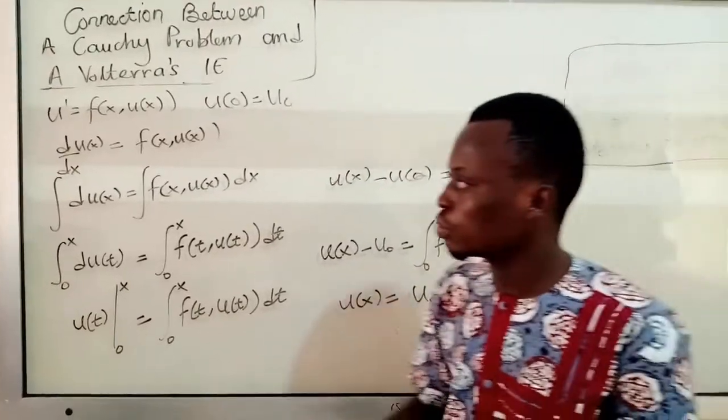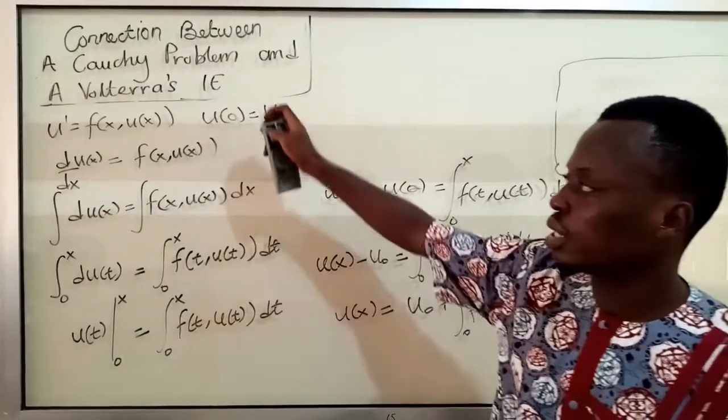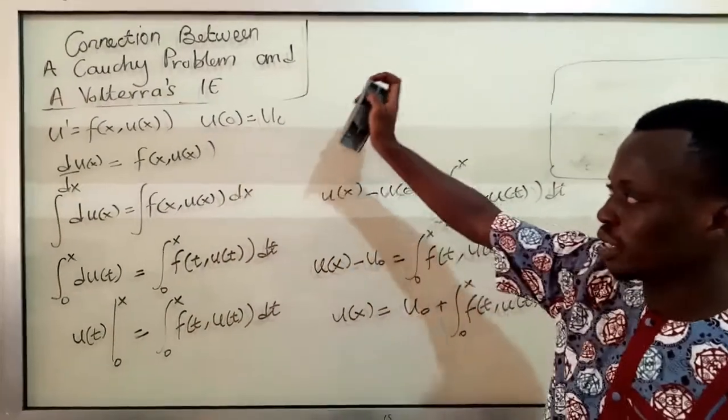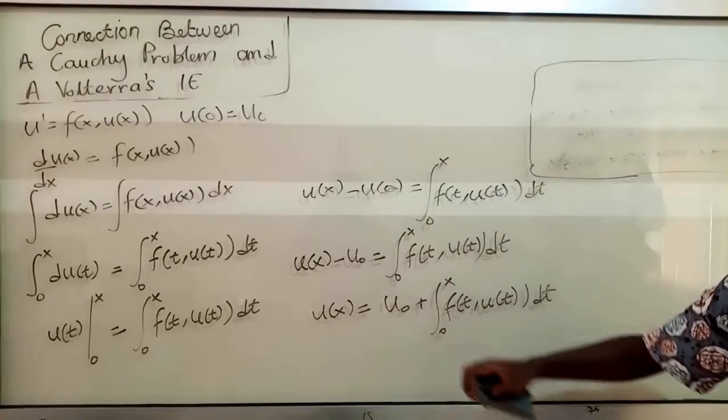We now look at how to convert a second order ODE with its initial conditions to a Volterra's integral equation.